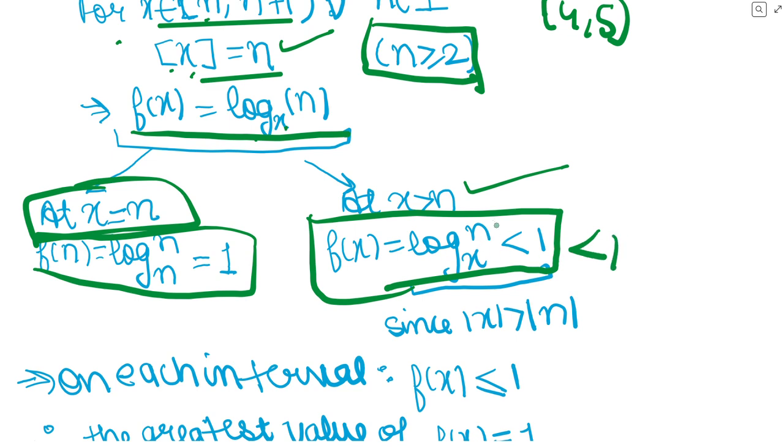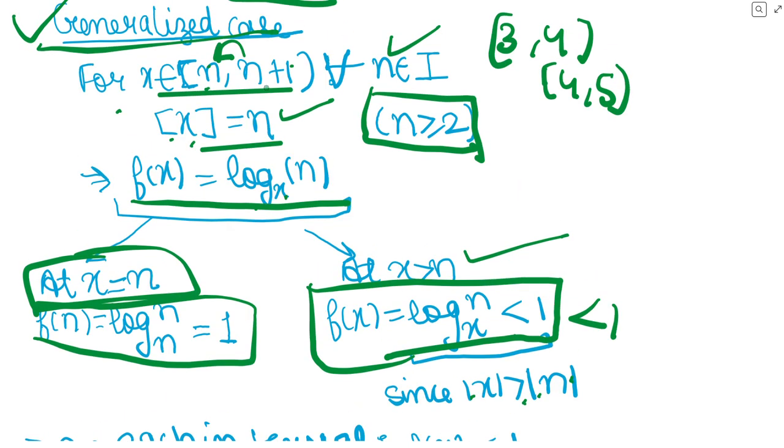You need to have a very close look. Why are we directly saying that it is less than 1? Because it is again a property of log. Whenever log comes in the question, we need to closely look at the properties. We can see that the base is always going to be greater than the number. Why? Because our interval is from n to n plus 1, and whatever greater value we put from n, x is always going to be greater.